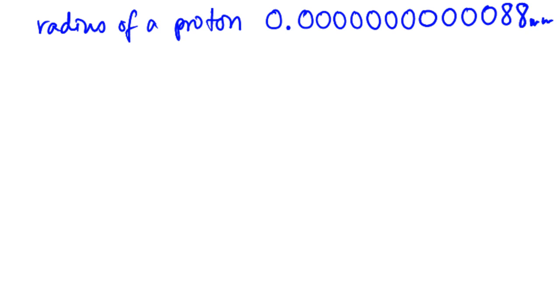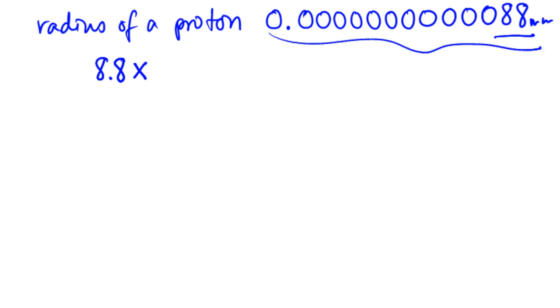Well, the only non-zero numbers in this number are the 8 at the end here. So let's do that. We have 8.8 is the only way we could write those as a number between 1 and 10. Times, now what would we have to multiply 8.8 by in order to get this long number here? Well, we can simply think of how far over that decimal place had to move.